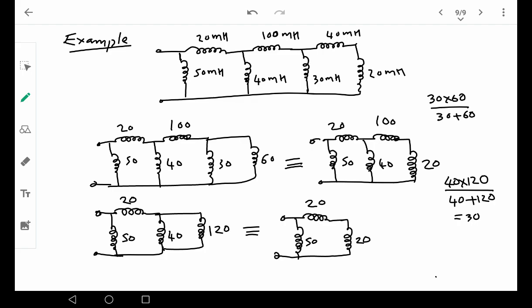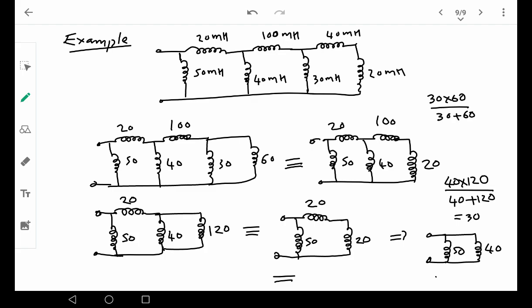Now again 40 and 50, so we have 50, we have 40, right? Now what is 40 and 50 in parallel? We find out 40 into 50 divided by 40 plus 50, which is 90, isn't it?